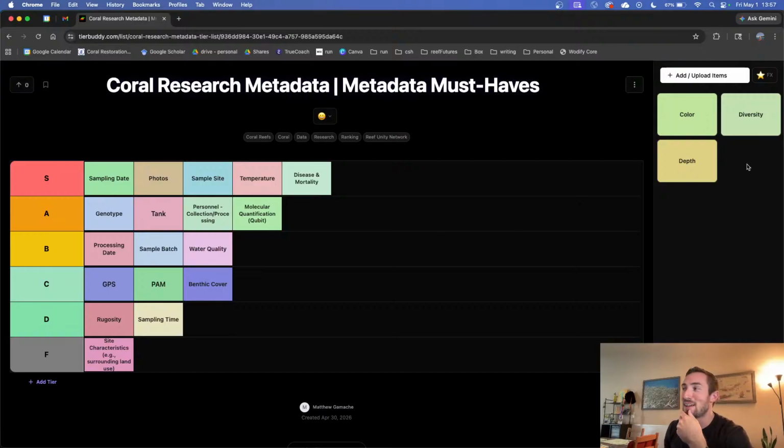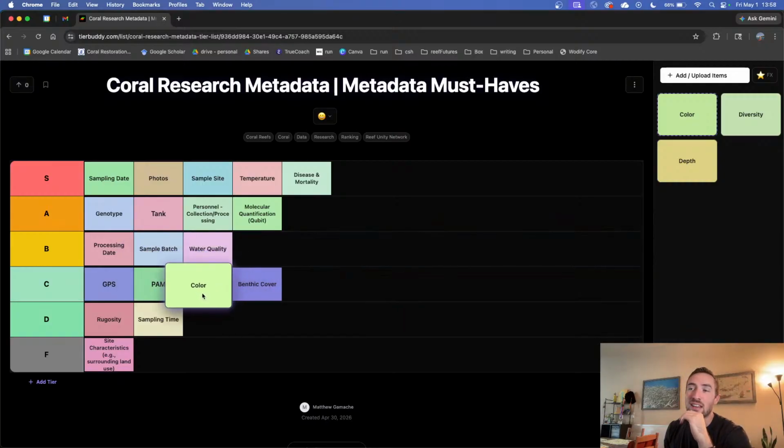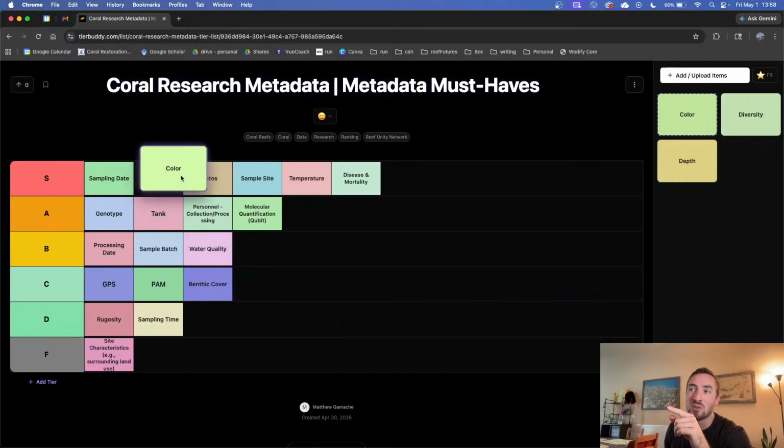Maybe we'll do that as we finish up here. So color, this is like if your corals are paling or if they're bleaching, a score to keep track of. I rate this very similar to PAM, but it's easier to keep track of than PAM, and you get photos.